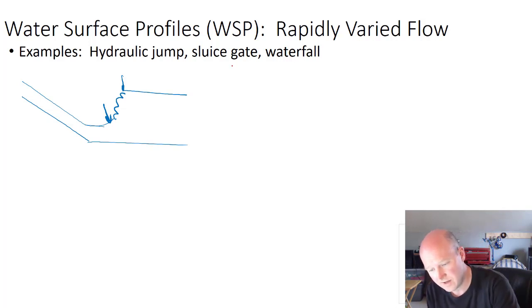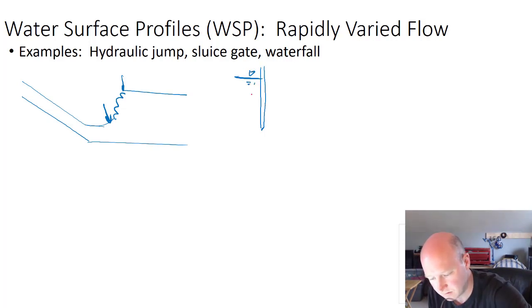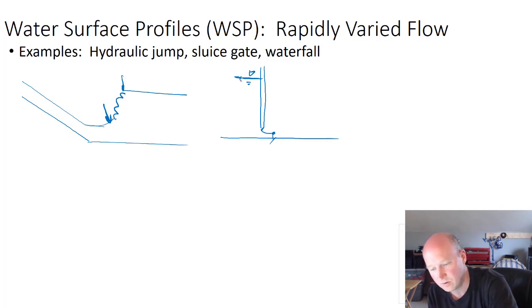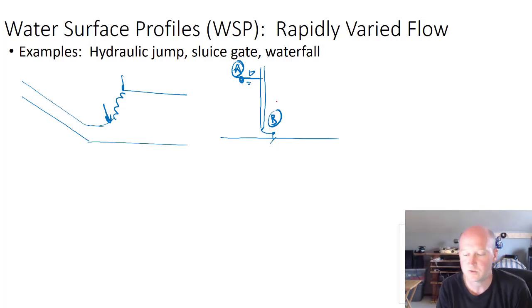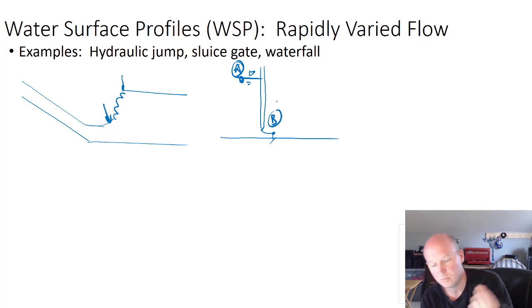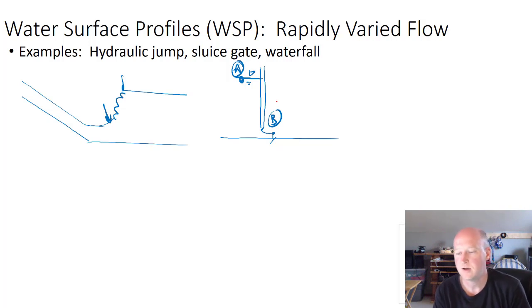Also, if we had a sluice gate, that's just a gate that impounds water. What happens is the water accelerates underneath that gate. And what we can say is that the Bernoulli sum here at section A is equal to the Bernoulli sum at section B, or the specific energies are the same. And so we can get from A to B using energy, or even for a waterfall.